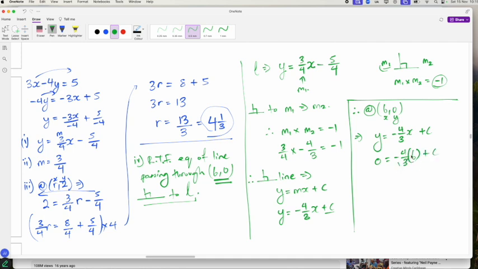Of course, 3 will cancel. 3 2s are 6, 4 2s are 8. Because 4 2s are 8, that's -8, and when you throw it across, you'll get +8. C is equal to 8. So therefore, y is equal to -4 over 3x plus 8.